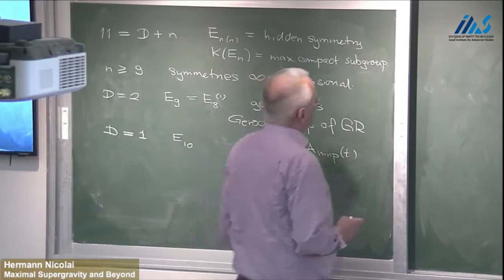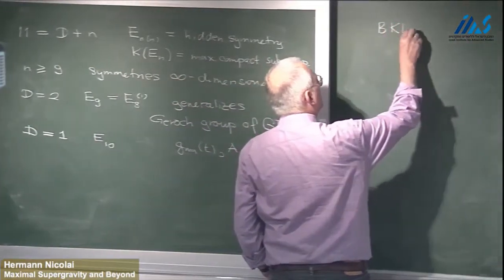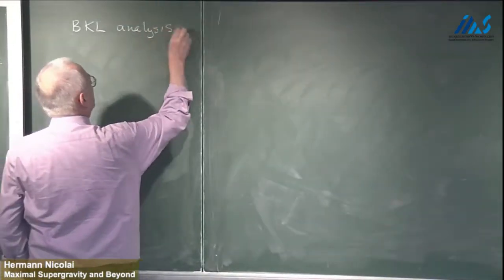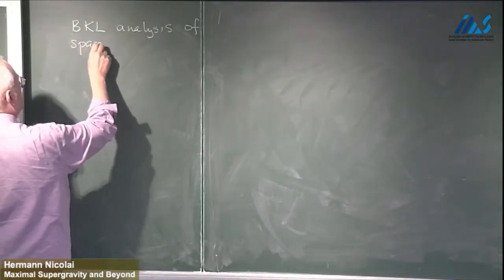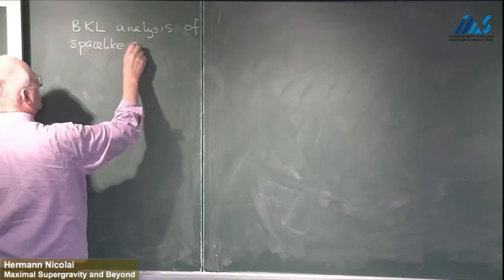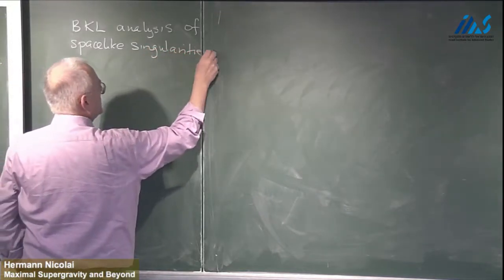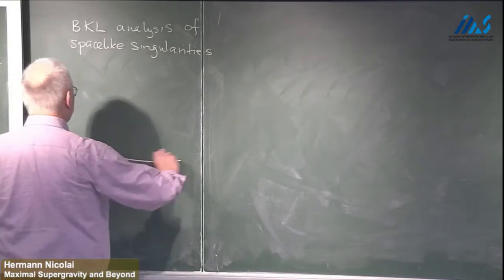The first aspect is the so-called BKL analysis of space-like singularities, or cosmological singularities. This is precisely a Big Bang type singularity as it appears in cosmology. So let's just draw such a space-time.